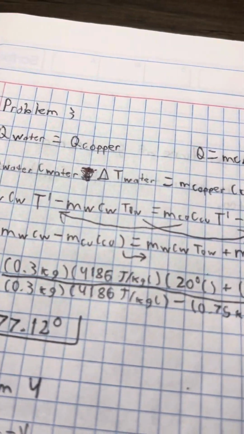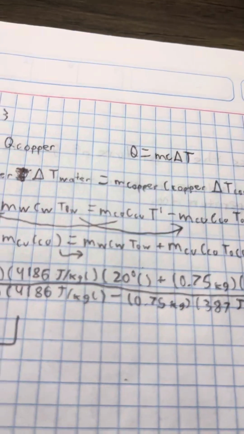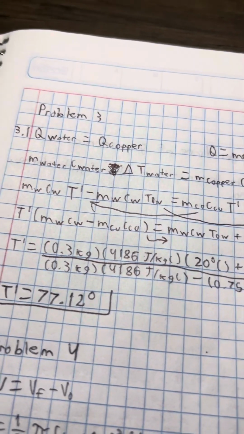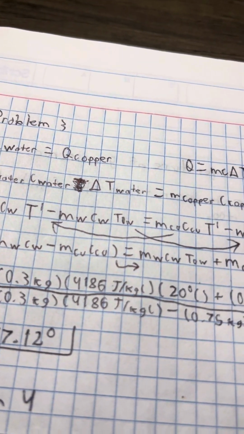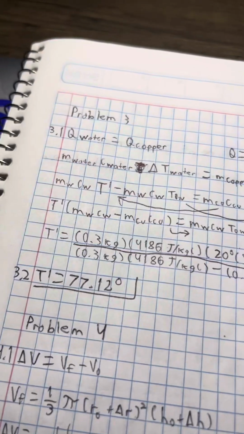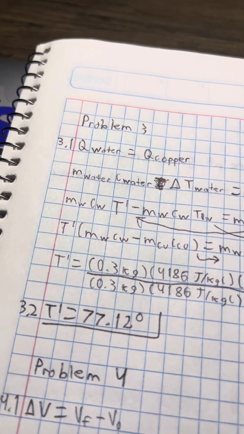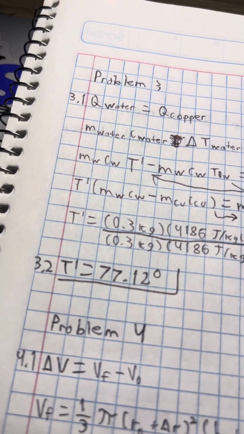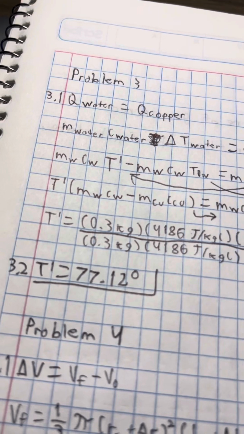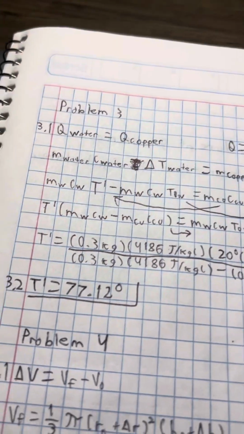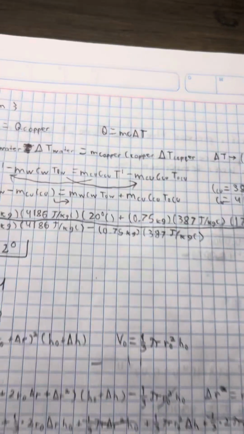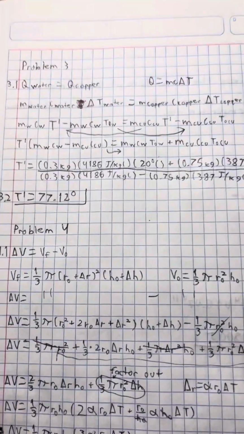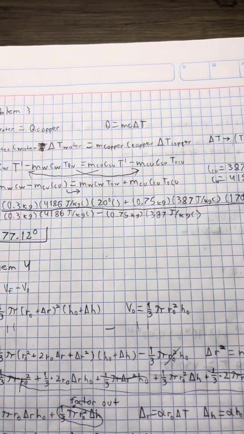Then I put the final temperatures on the same side so I could factor it out, and the initial temperatures on the other side, because we have to clear the final temperature. After factoring the final temperature out, I passed the value multiplying it as a division to the other side, and with the values they give us, it is basically all this formula.